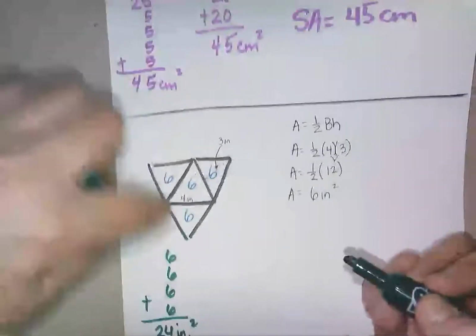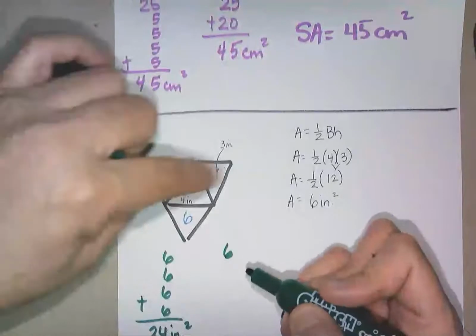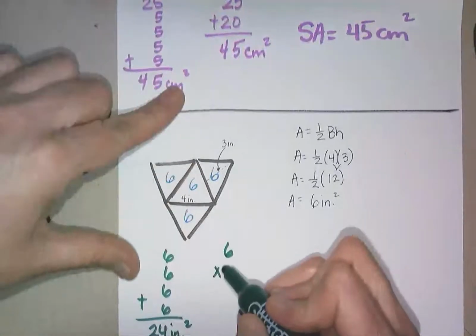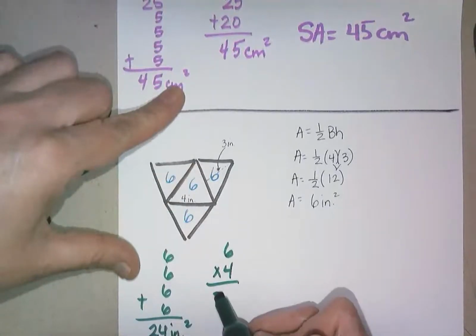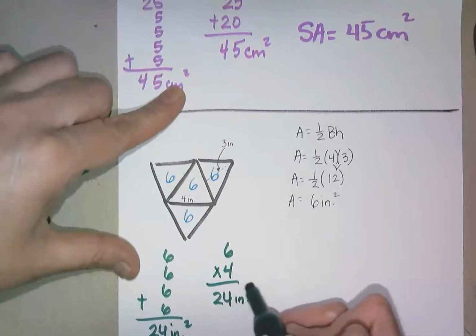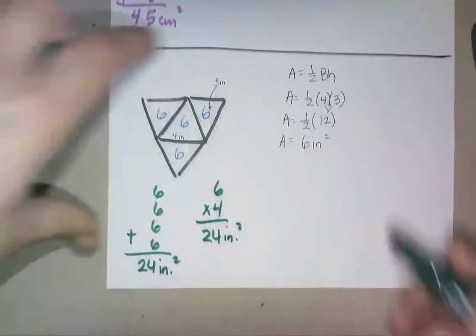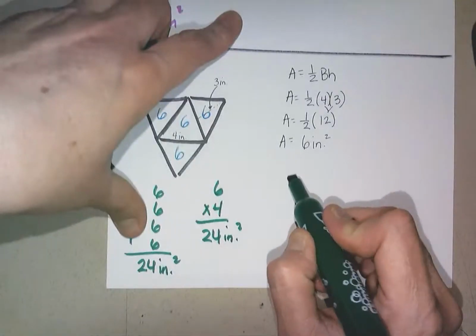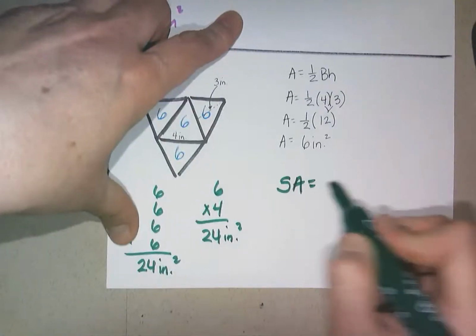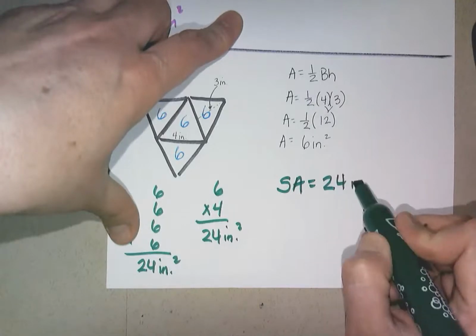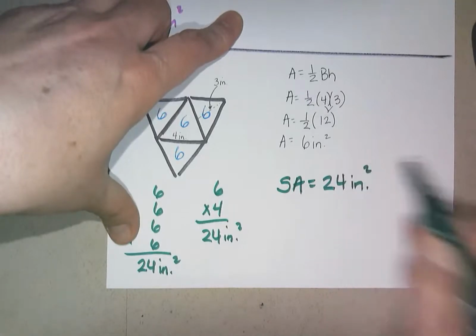Or I could have said, I see the number 6 written here 4 times. And 6 times 4 is 24 inches squared. So I know that my answer is correct. So final surface area equals 24 inches squared.